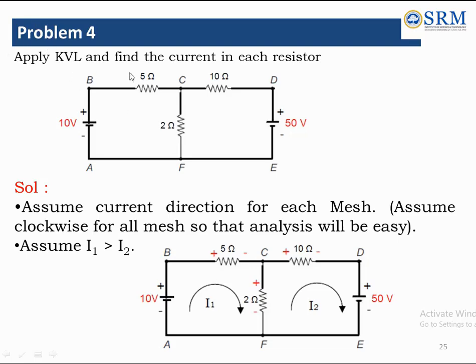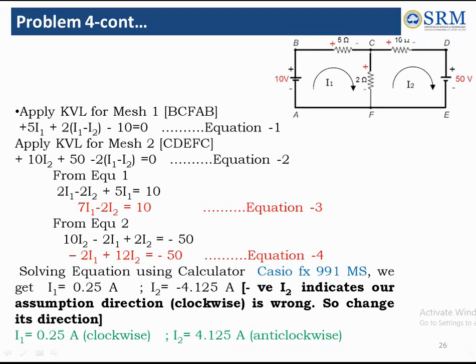They have asked to apply KVL and find the current in each resistor. As we saw earlier, there are two currents flowing in the two meshes, I1 and I2. First let us mark the currents in the clockwise direction, and mark the terminals of the resistors positive and negative, for the analysis to be easy.